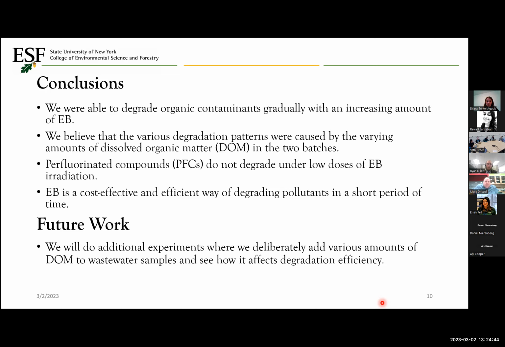In the future, we are thinking to do additional experiments on this project by adding various amounts of dissolved organic matter to the wastewater samples and see if dissolved organic matter really affects the degradation efficiency.